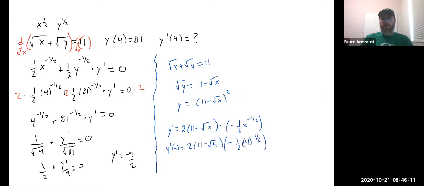Let's see here. So the square root of 4 is 2. 11 minus 2 is 9. 9 times 2 is 18. That 4 goes onto the bottom as a square root. That's another 2, so that's a -1/4, which, hey, look at that, gives us exactly the same value.